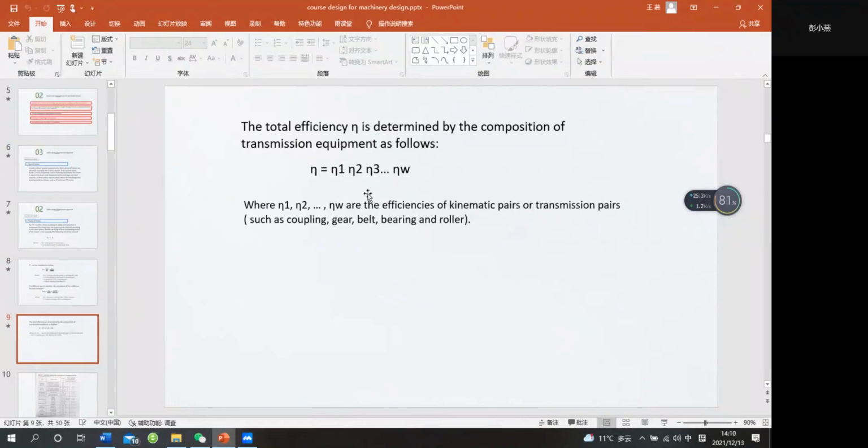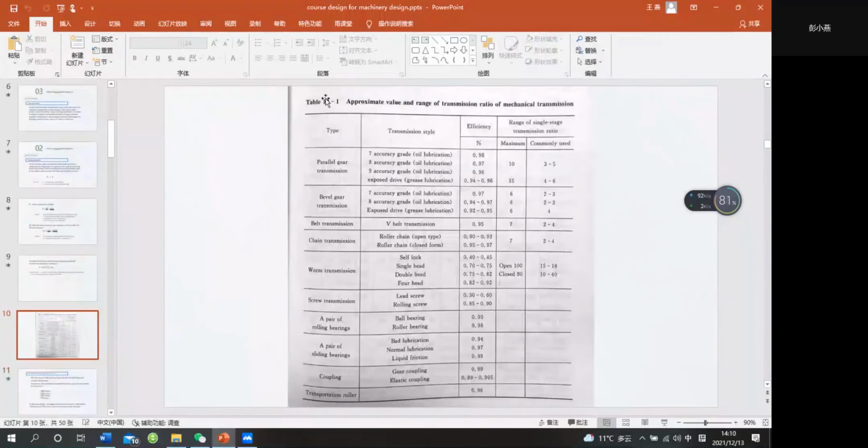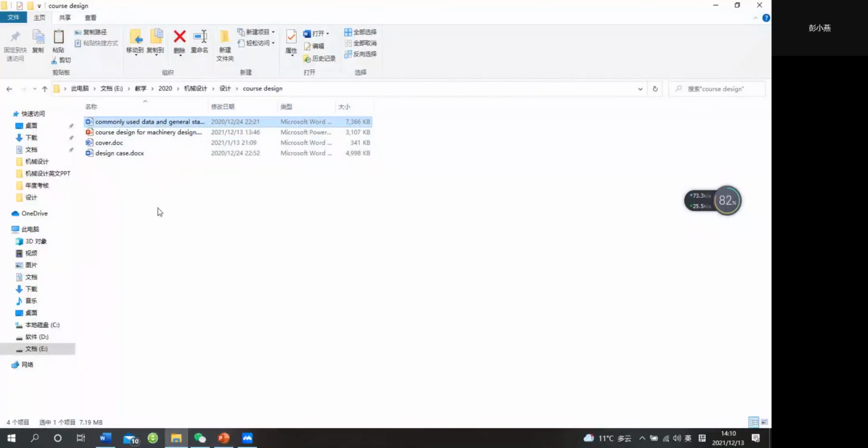You can obtain the efficiency from this table. I have sent this Word file to the group, so you can find it.